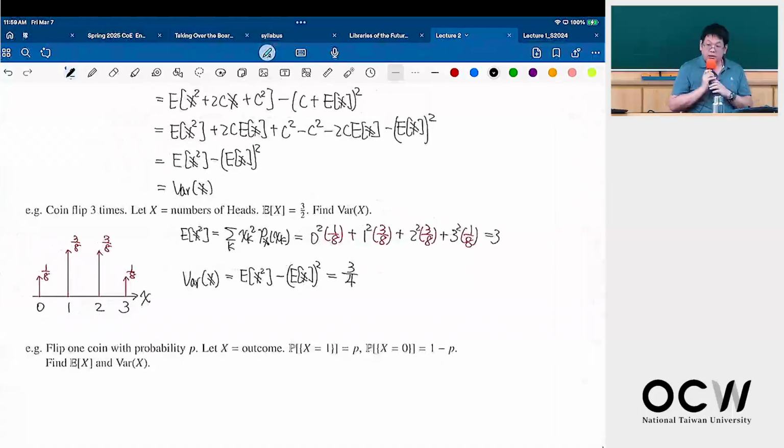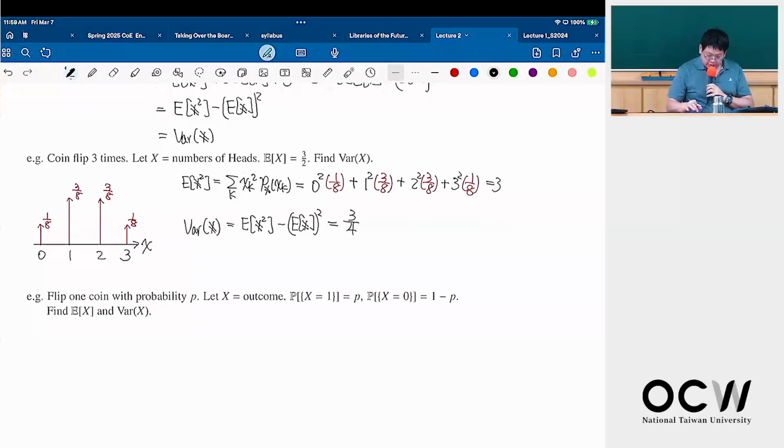Okay, today's last example. I flip one coin, but now it is not a fair coin. We have a probability P. X is the outcome. X is 1 with probability P, and X is 0 with probability 1 minus P. You can think of 1 as head and 0 as tail.